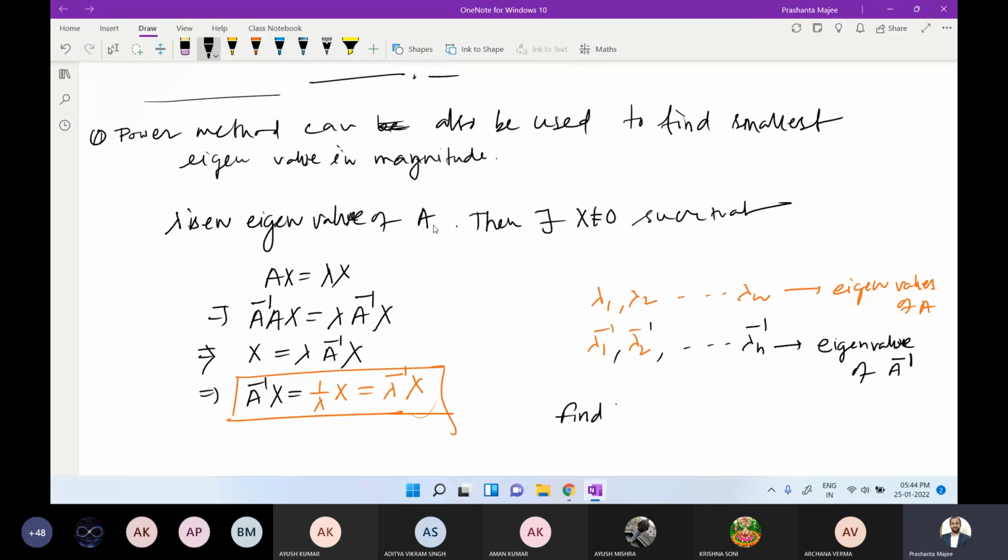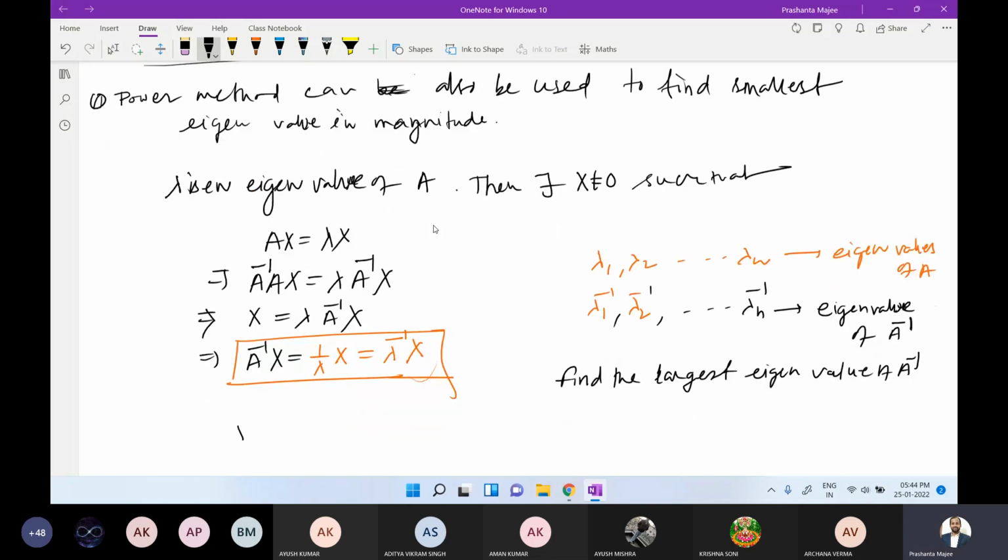Find the largest eigenvalue of A inverse. So the largest eigenvalue of A inverse will give the smallest eigenvalue of A. Yes or no? If lambda is largest, then 1 by lambda will be smallest.